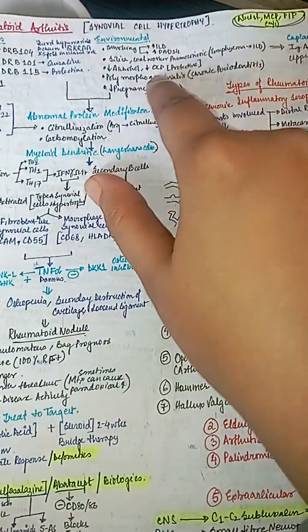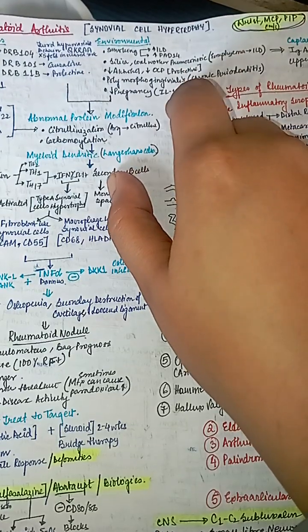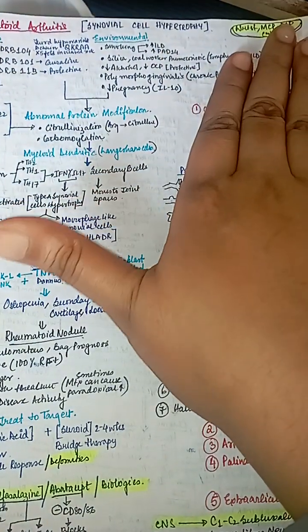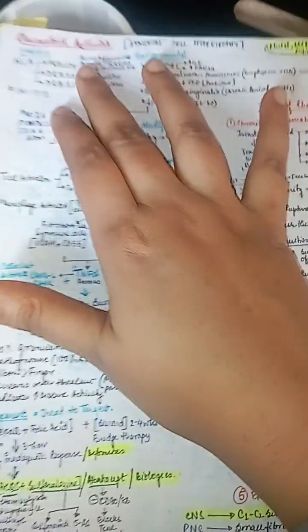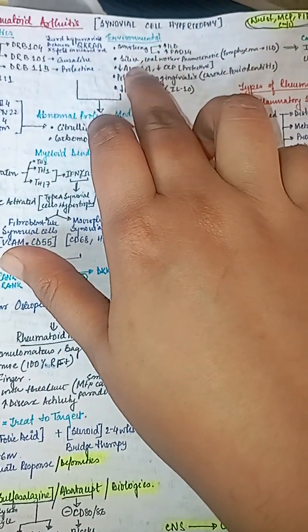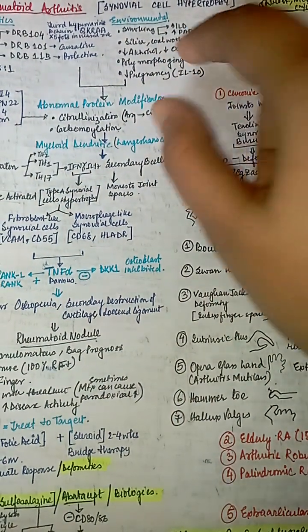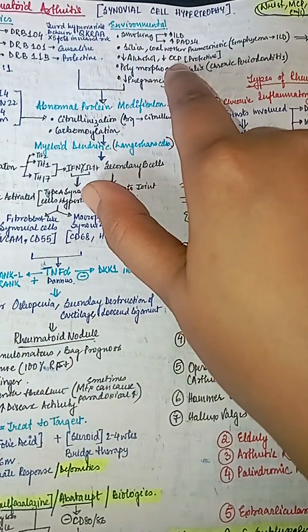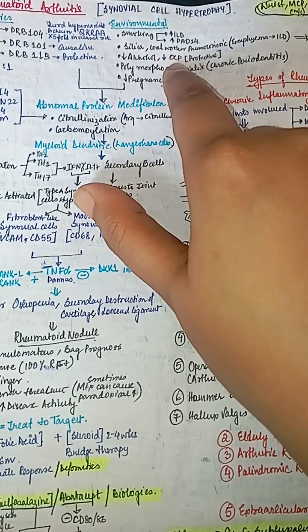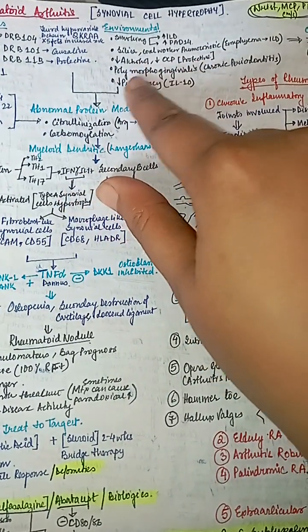So the environmental factors which affect rheumatoid arthritis are smoking, silica and coal worker pneumoconiosis, alcohol, and OCP. Alcohol and OCP are protective.